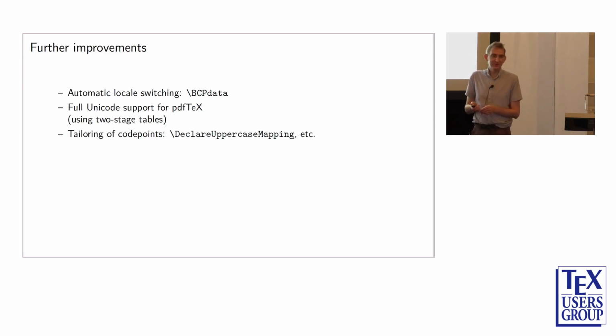Once you do that, you need a mechanism for tailoring things, because we're no longer using the UC code and LC code data. So we provided interfaces for that, some functions, such as declare uppercase mapping, etc. This is a way of tailoring these things. And because we're not talking about a one-to-one situation, this also allows you to tailor one-to-many.